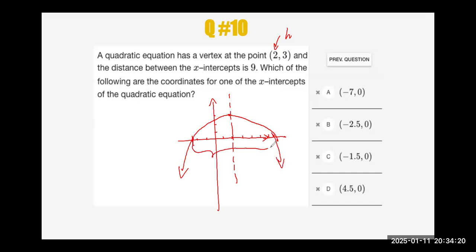You know this distance is 9, and then the distance from this point to this will be half, which is 4.5, because they are equal distance. If this is 2, then one of them will be (6.5, 0), and this one will be 2 minus 4.5, which is (-2.5, 0). So B is the right answer. Very good job, okay? Excellent job.